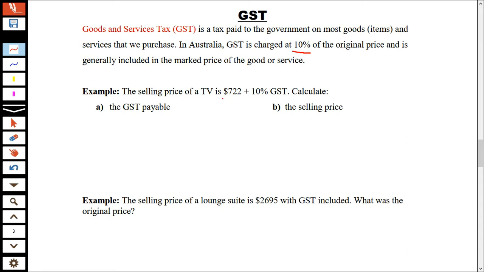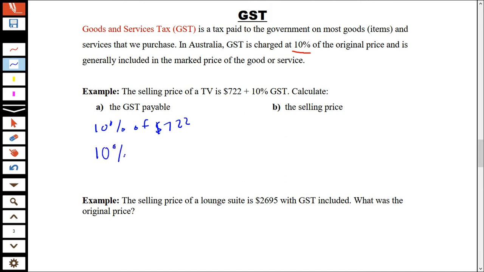The selling price of a TV is $722 plus 10% GST. Calculate the GST payable. Well, GST payable is just 10% of $722. So on your calculator, you go 10 and use your percent button.